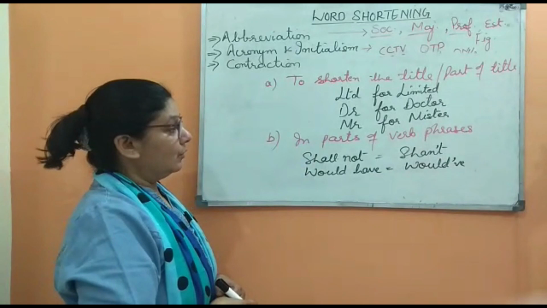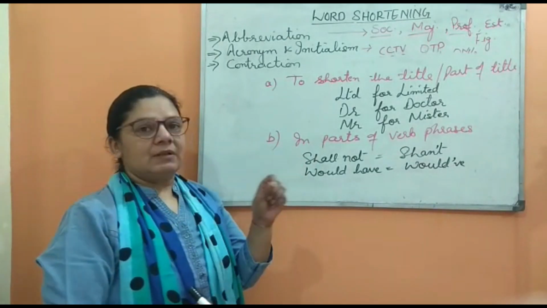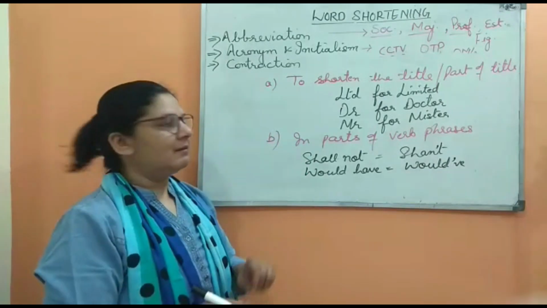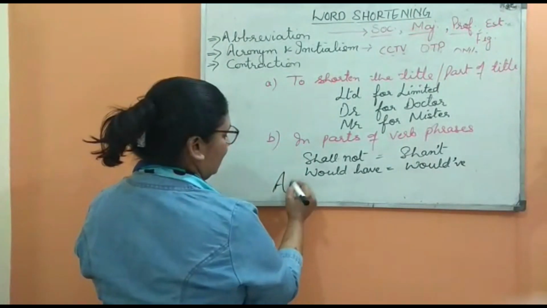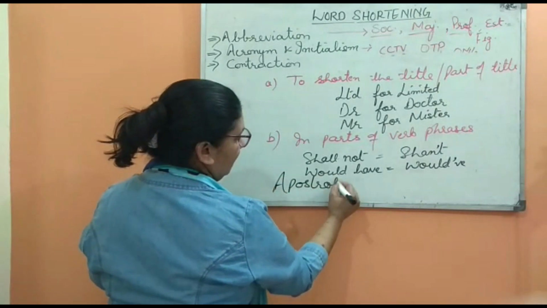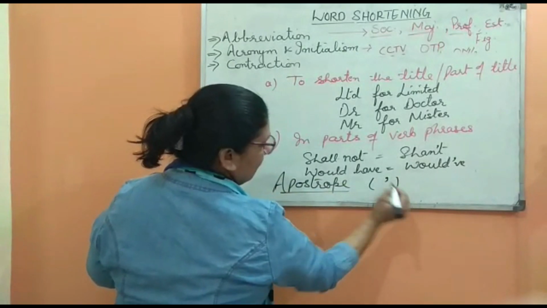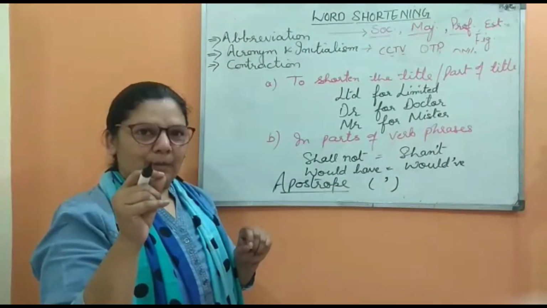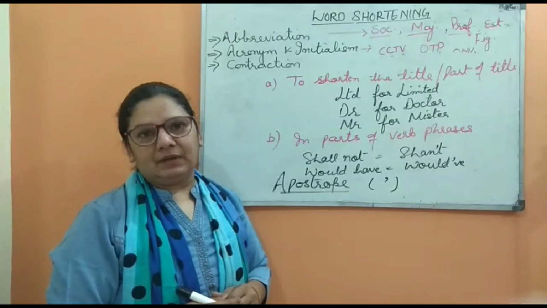So you must have noticed, while contracting, I have used one punctuation mark, one beautiful punctuation mark, and that is the apostrophe. The apostrophe is written like this. You may say a comma, but not at the bottom line, on the top of the word.